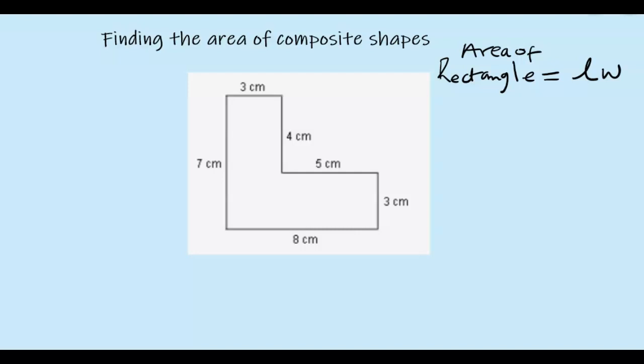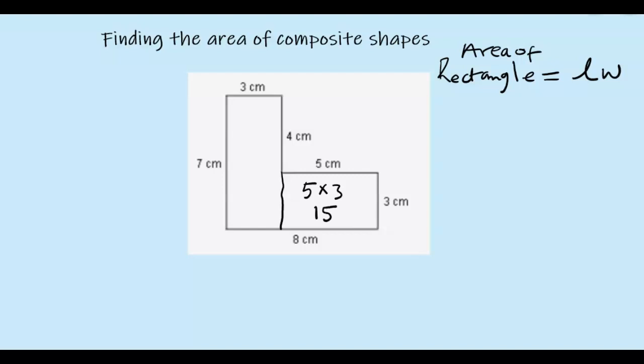Okay, so here we are going to cut it. First of all, let me cut it from this all the way down here. If that is the case, then my length is going to be 5 and my width is going to be 3. So here we will get 5 times 3, which gives us 15.